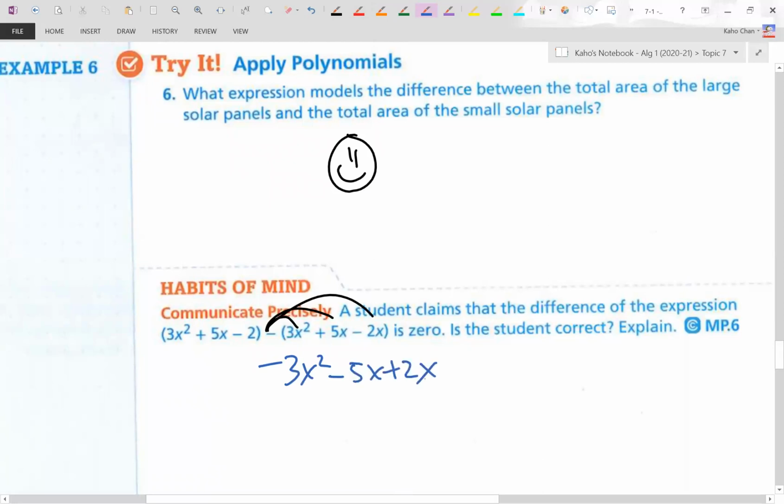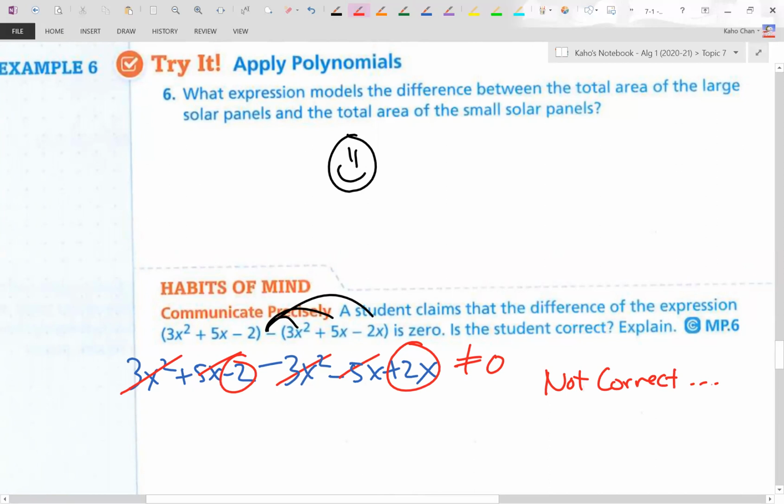Oh, that's kind of weird. I think this doesn't work. Bring the first half down. See, the 3x's go away, the 5x's go away, but those other parts, yeah, that part and that part, nope, doesn't equal 0. So the answer is no, not correct.